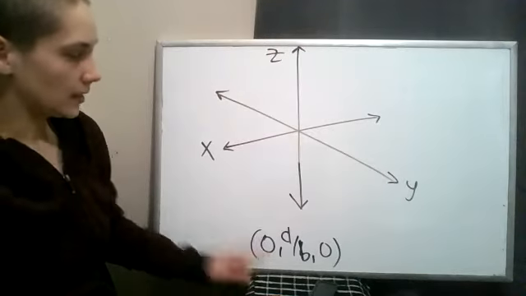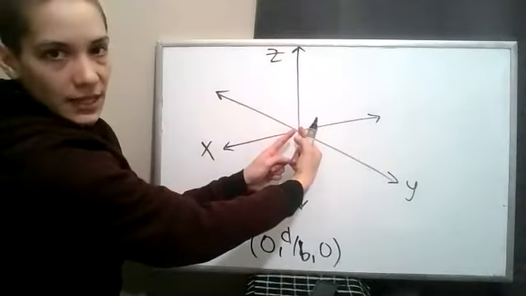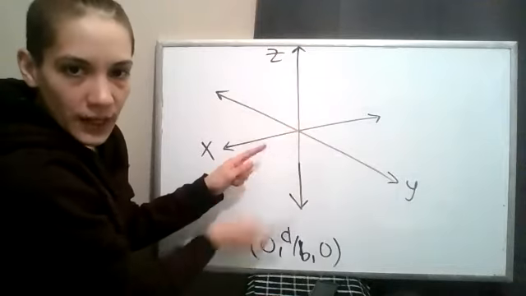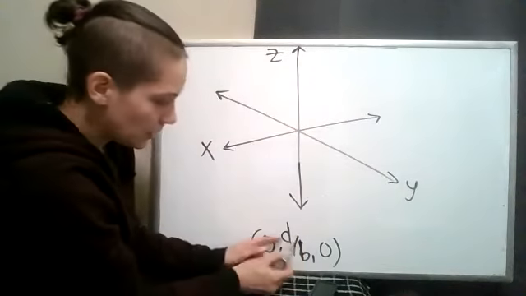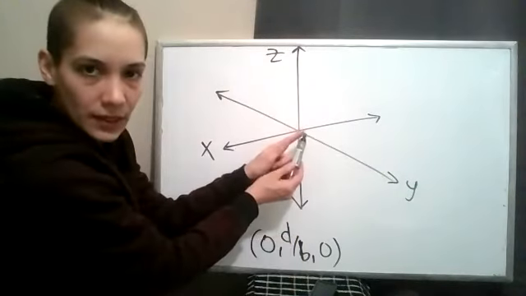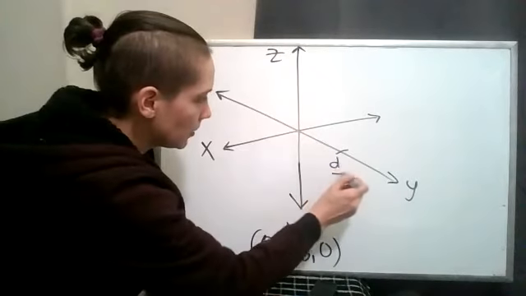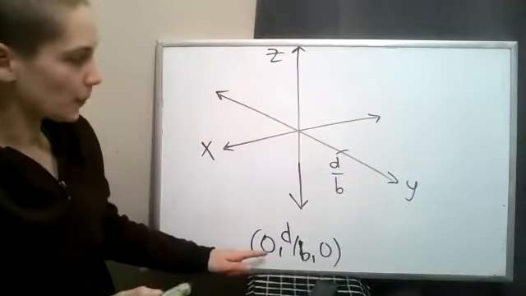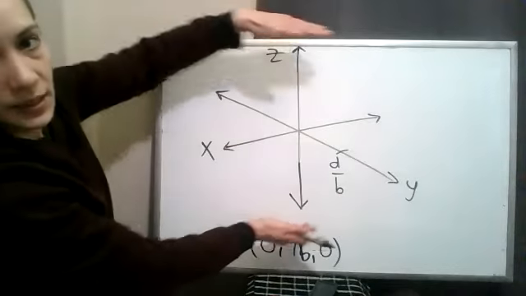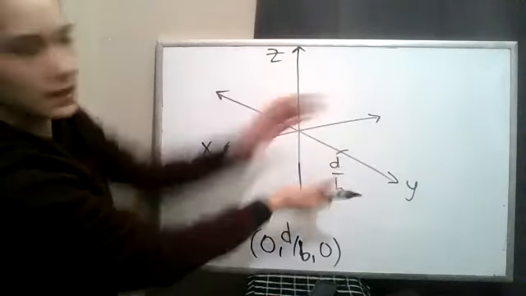Okay, 0 for x, so we're just going to go right here on the x-axis. For y, we're going to say this is a positive d over b. So let's go this way. Call that d over b. And then as far as z goes, we're going to go to 0 for z.